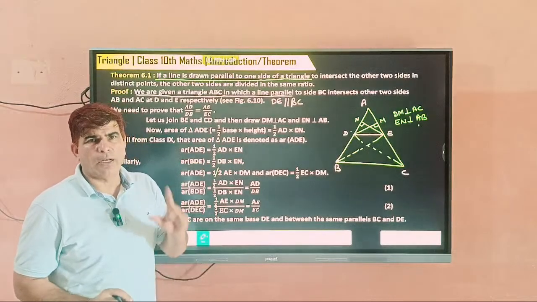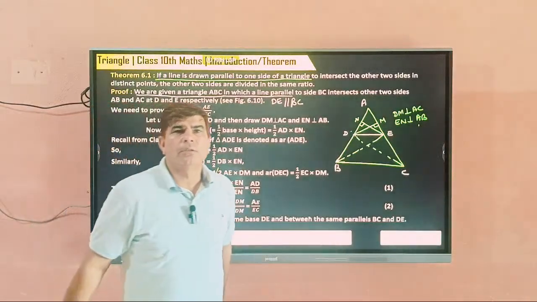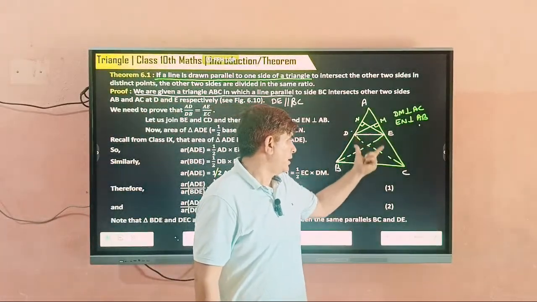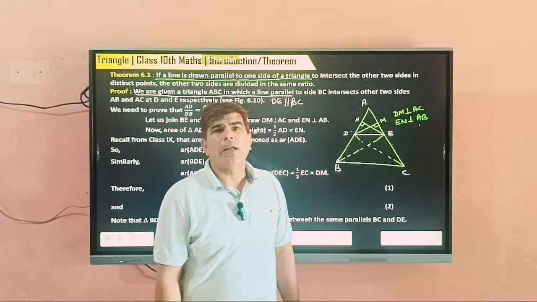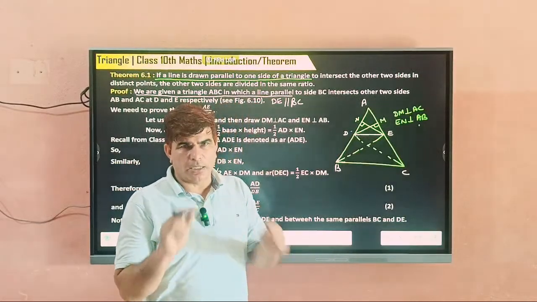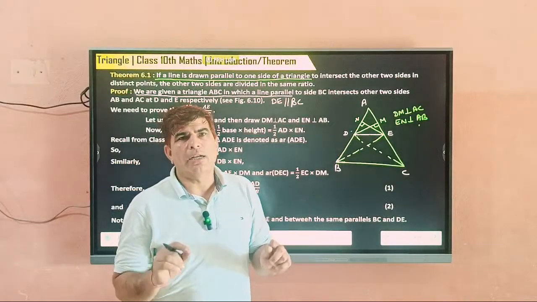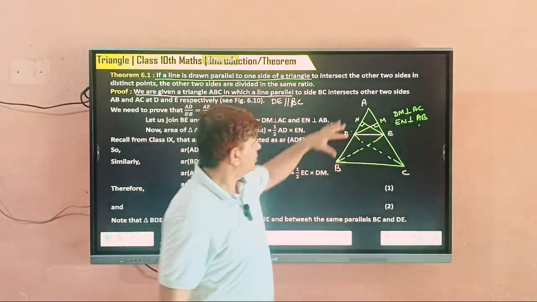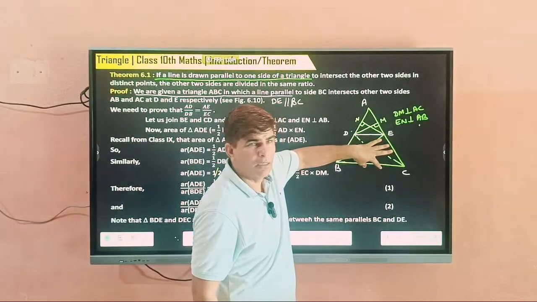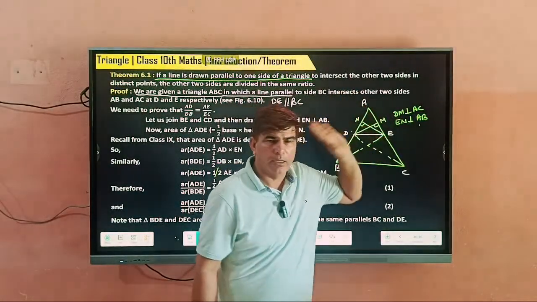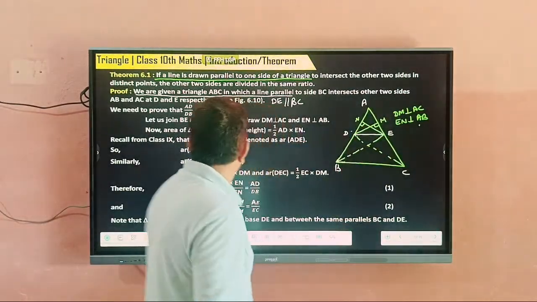What is the theorem? If a line segment is drawn parallel to one side of a triangle, here DE parallel to BC, and it intersects the other two sides at different points, then the sides are divided in the same ratio. It means DE is parallel to BC here, and we have to prove AD by DB equals AE by AC. Here it is also written: given, and what needs to prove.